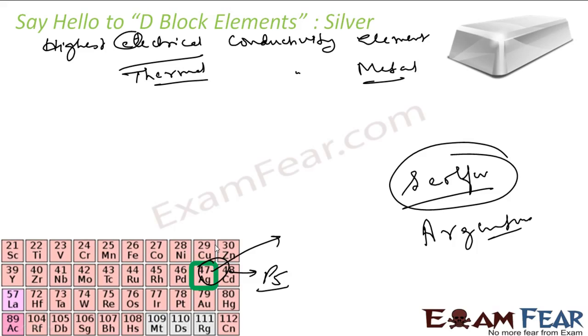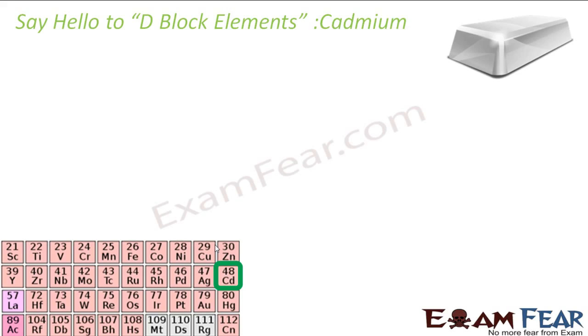Okay. The next element is cadmium. This cadmium also has a silvery bluish look. It's soft and you can easily cut it with a knife. It's very soft. Discovered in 1870, and this was discovered as an impurity in zinc.